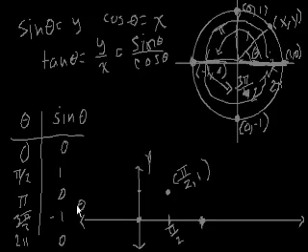So this is the point pi, comma 0. And when theta equaled 3 pi over 2, what was sine of theta? It equaled negative 1. Interesting. And then when we got to theta equal to 2 pi, sine of theta again equals 0.